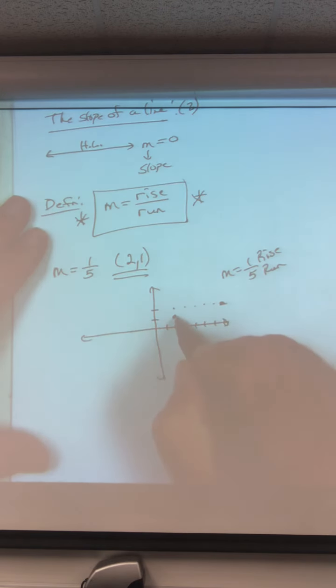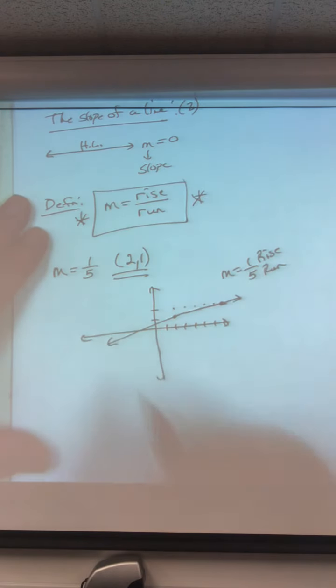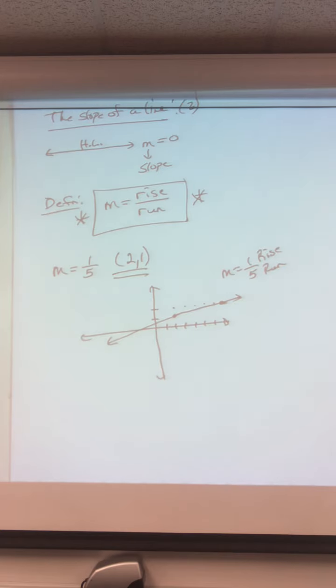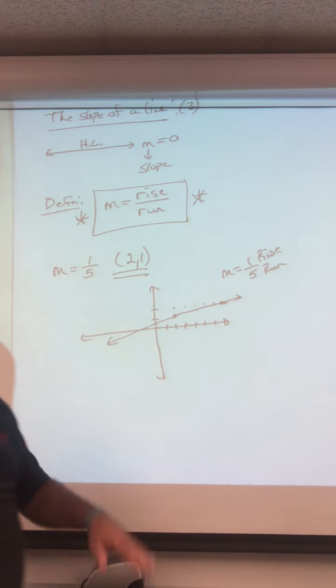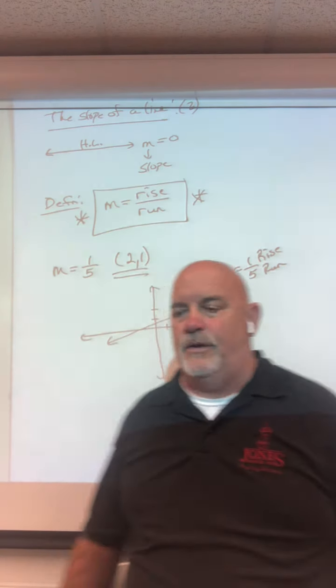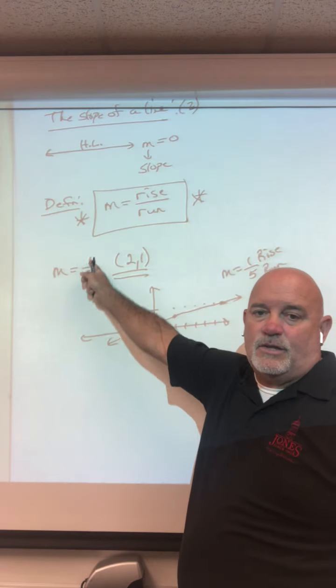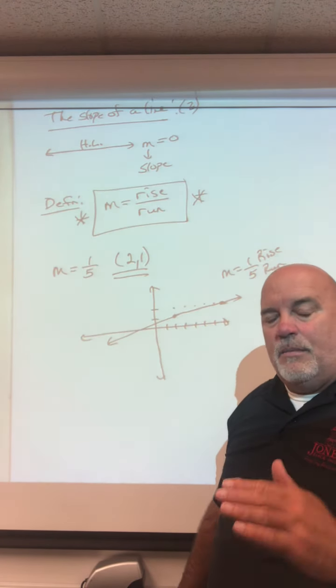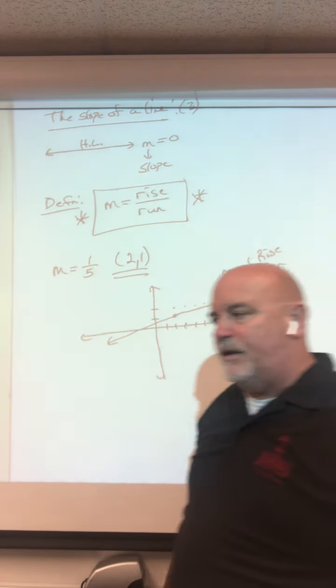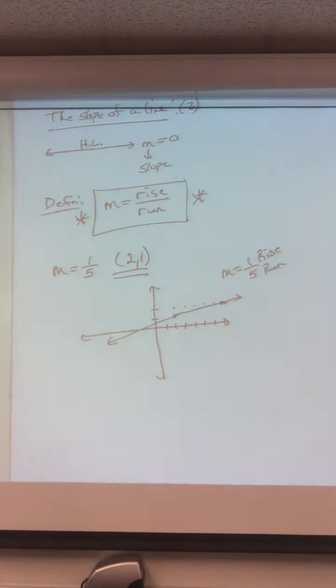There would be my next point. And there's my line. You say, well, Mr. Ryan, that line's pretty flat. It is. And the reason is that the slope is a real small fraction. Remember we said the bigger the number, the steeper the line.